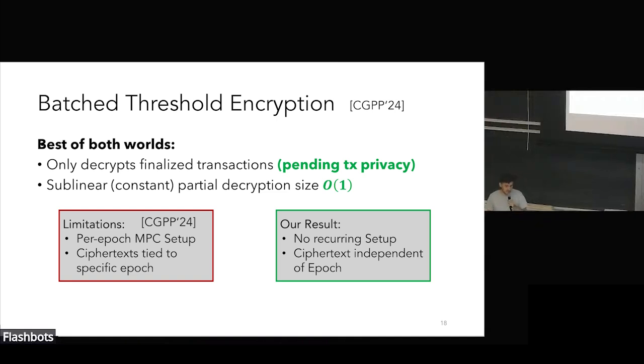And at the same time, in their construction, ciphertexts are tied to a specific epoch. So at the time of encryption, a user already needs to know what block their transaction will appear in. If a different batch has been decrypted in that block, so their transaction didn't make it, then they have to re-encrypt.